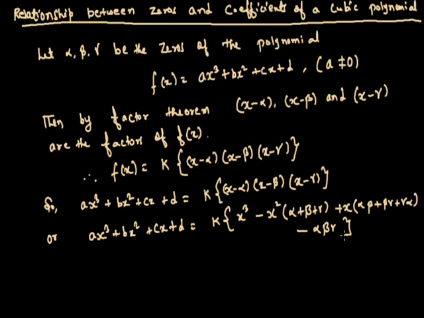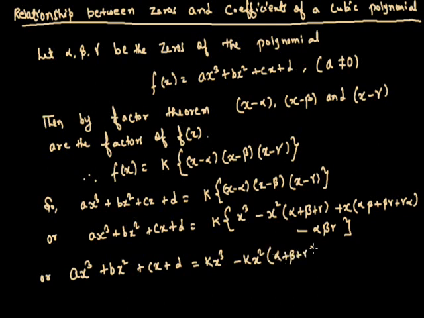So this will be equal to kx cube minus kx square (alpha plus beta plus gamma) plus kx(alpha beta plus beta gamma plus gamma alpha) minus k alpha beta gamma.